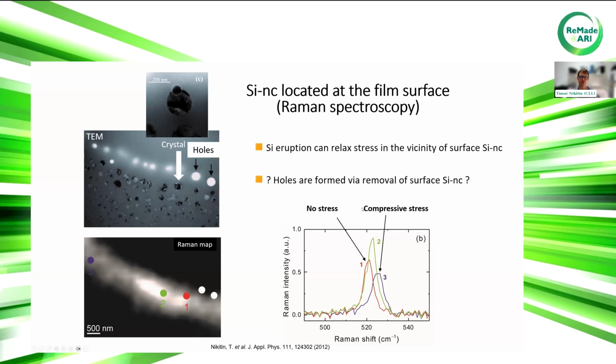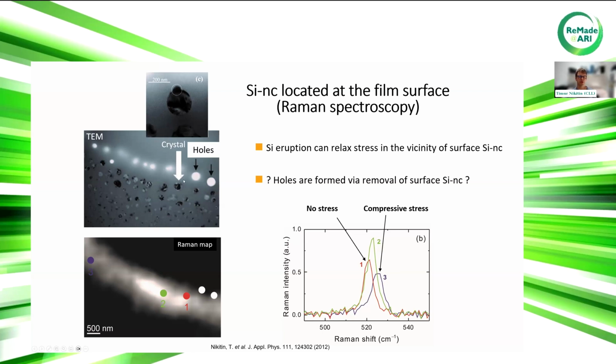After some additional measurements, we suggest that first of all these holes could correspond to silicon nanocrystals that just fell out from the silicon film, and that's why there is less stress in the areas closer to them, or that the silicon could actually erupt from the silicon nanocrystals at this stage of formation.